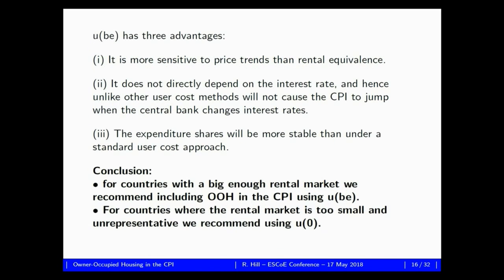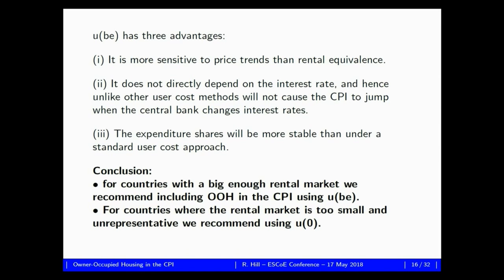Now, why do we like this method? Well, for one thing, when you're using a house price index, it's going to be more sensitive to what's actually happening in the housing market than rental equivalence. The cost of owner-occupied housing is going to go up when house prices are rising, and down when house prices are falling.